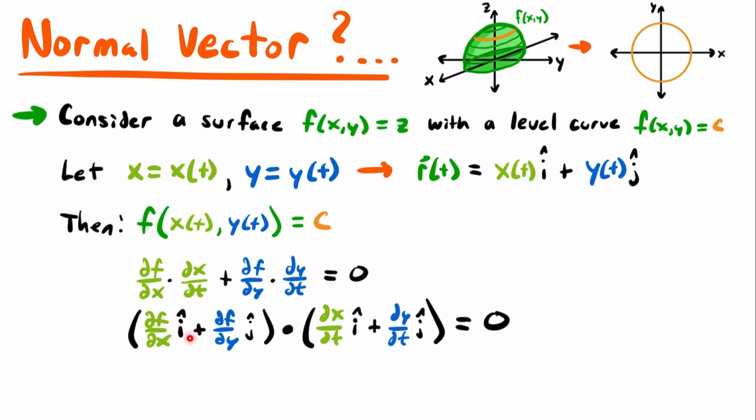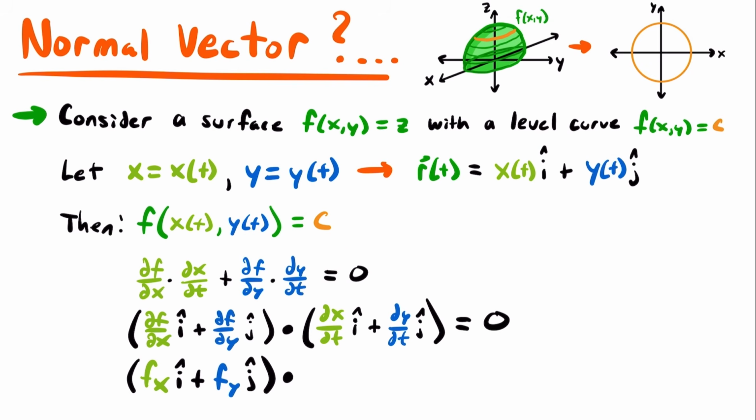Okay, now before we talk about why this dot product is significant, a couple changes I want to make here. First of all, let's use a different notation for the partial of f with respect to x and the partial of f with respect to y. Just to make things simpler, we'll have f_x times i plus f_y times j, and then we have dot this vector, but we could also rewrite the notation for these two derivatives, because really these derivatives are just the derivatives of the two parametric equations that we defined earlier, right? dx/dt would be the derivative of x(t), and dy/dt would be the derivative of y(t).